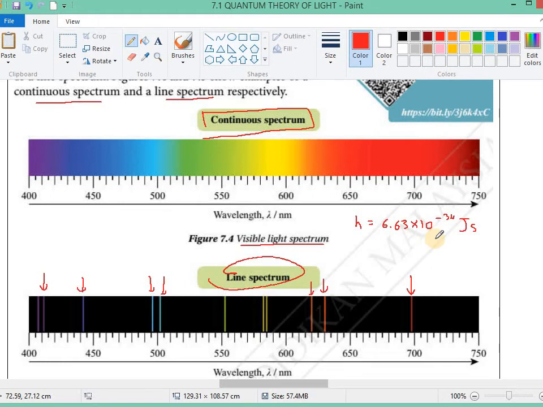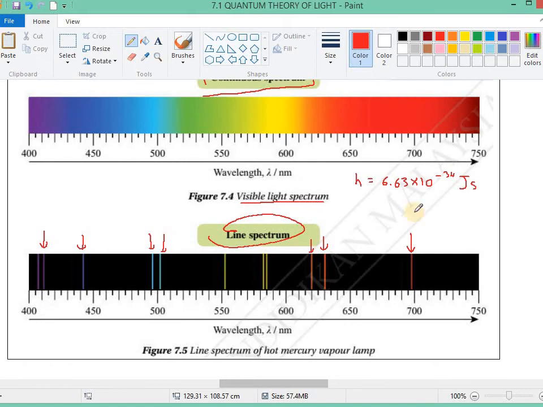So you can get a spectrum that looks continuous, because the changes are so small that you cannot see the difference. So it looks like a continuous spectrum.